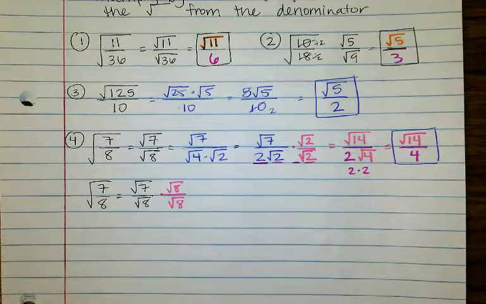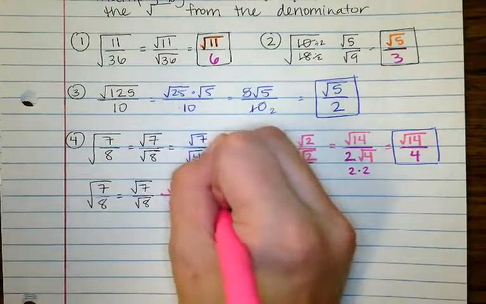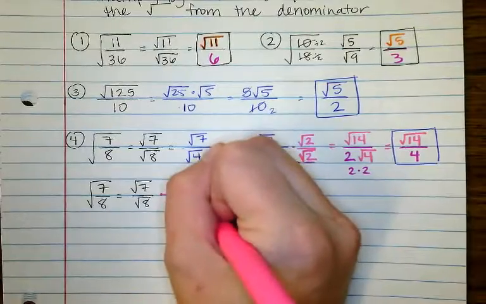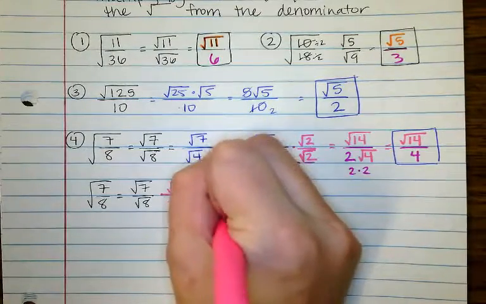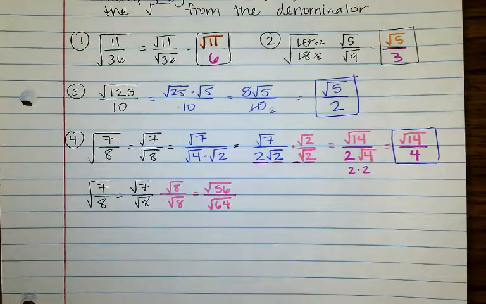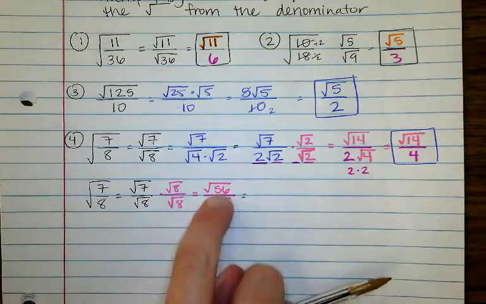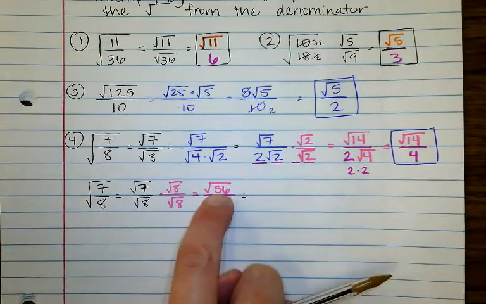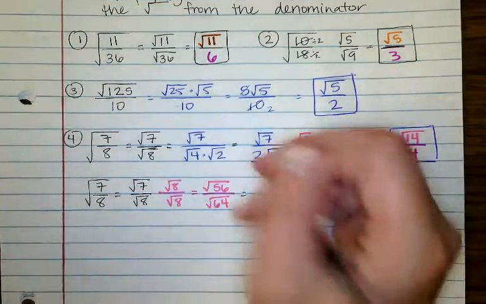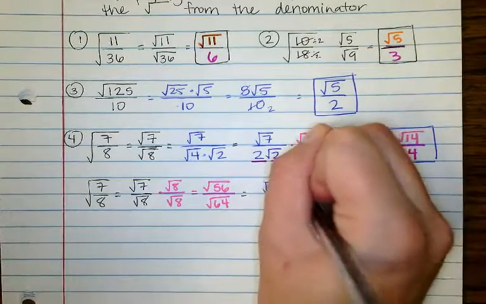Well, guys, what's the square root of 64? It's just 8, right? So can we simplify the square root of 56? Absolutely. We can simplify that into the square root of 4 times the square root of 14, and that would have been over 8. The square root of 64 is just 8.